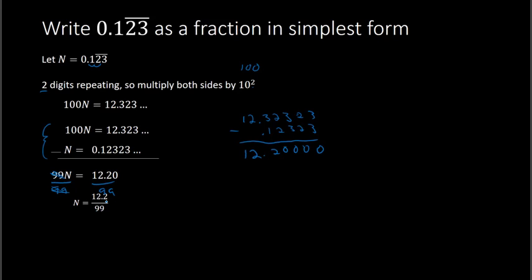So that would give me 122 over 990. And then I can reduce this by dividing the top and the bottom by 2. So I divide the top by 2 to get 61, and the bottom by 2 to get 495. So this decimal right here can be written as 61 over 495.